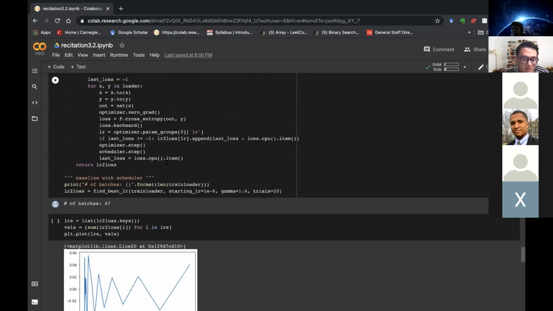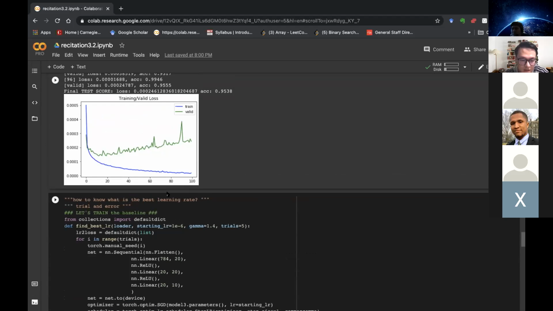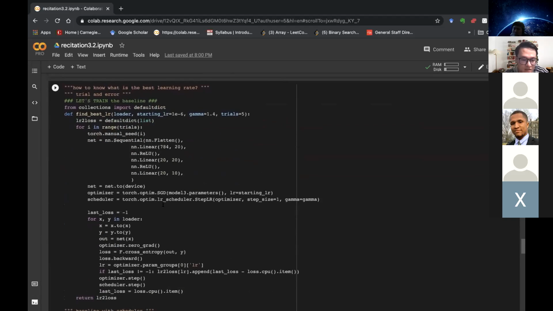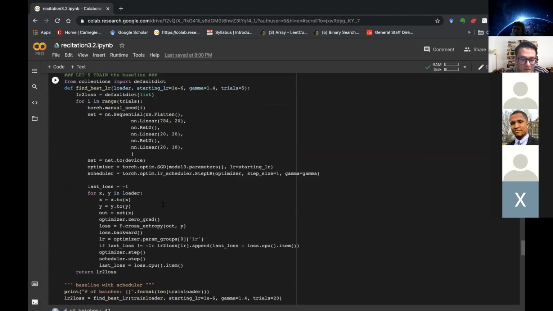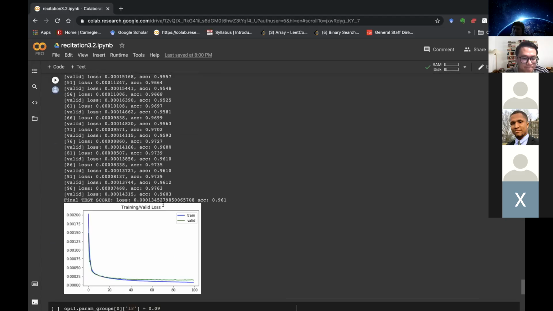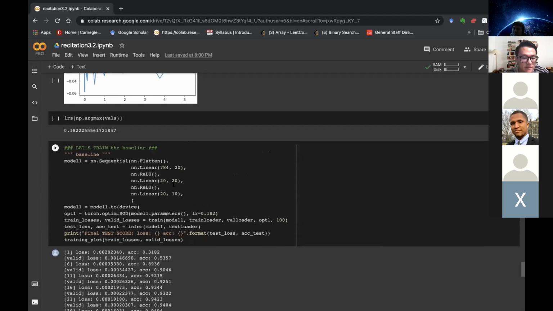Yeah, so during your training process, you need to plot the training loss and the validation loss with the epochs or with the iterations in your model.